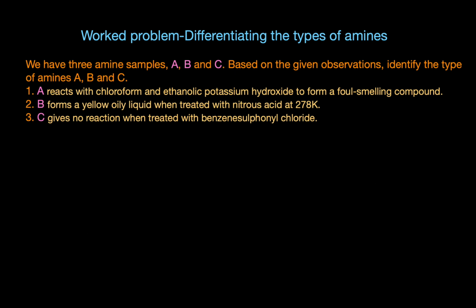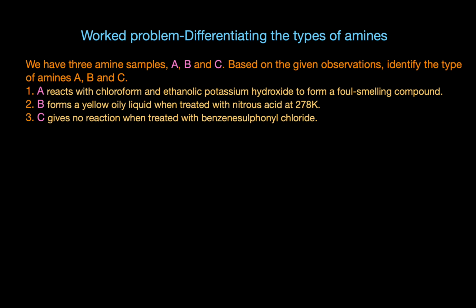Alright, so here's the first question. It says we have three amine samples A, B and C, and based on these observations we need to identify their types, whether they are primary, secondary, aliphatic, aromatic and so on. The first reaction says A reacts with chloroform and ethanolic potassium hydroxide to form a foul-smelling compound.